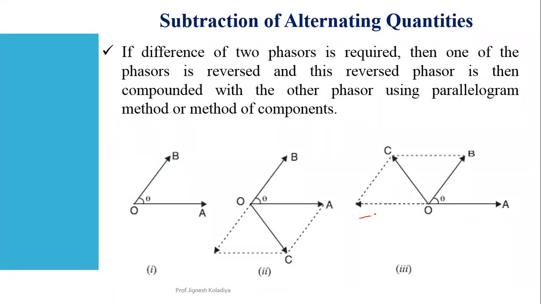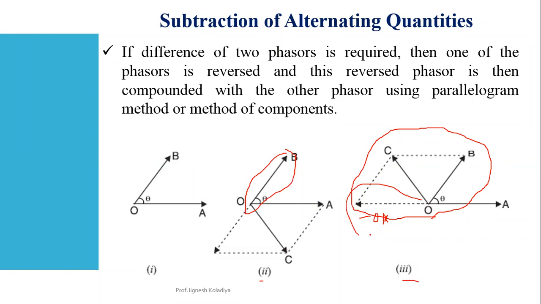So it will be minus OA, and then apply the parallelogram method, or you can apply the method of component in order to find the resultant. Okay, so in both cases, in figure number 2 and in figure number 3, OC will give you the resultant vector. In one case I am doing the reverse of OB, in another case I am doing the reverse of OA.